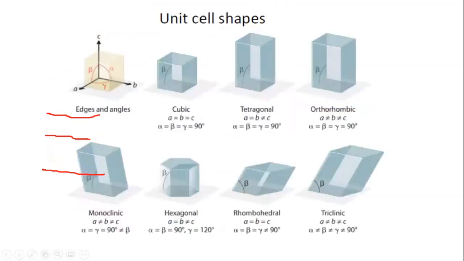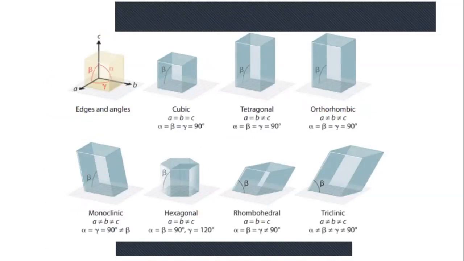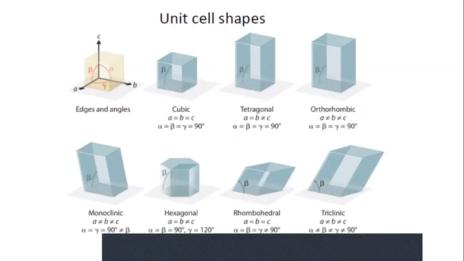So just to recap on the crystal systems that we've been discussing. There are 7 crystal systems depending on their lattice parameter constraints. So we have, of course, cubic, tetragonal, orthorhombic, monoclinic, hexagonal. Now rhombohedral can be used interchangeably with trigonal.